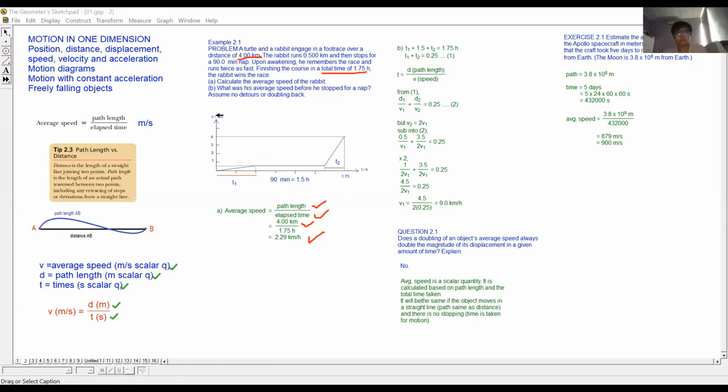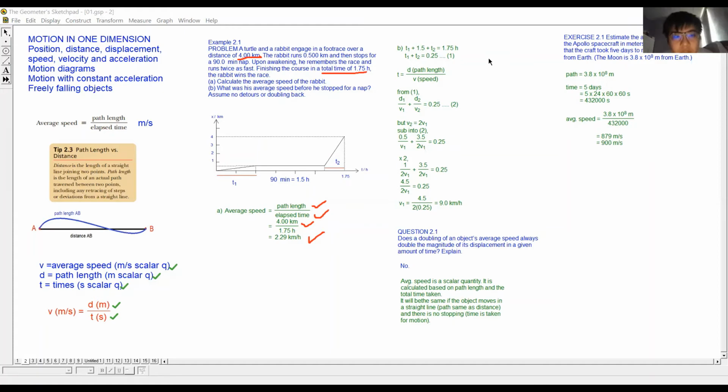Now, for the second part, what was his average speed before he stopped for a nap? You see, the journey can be divided into three parts.